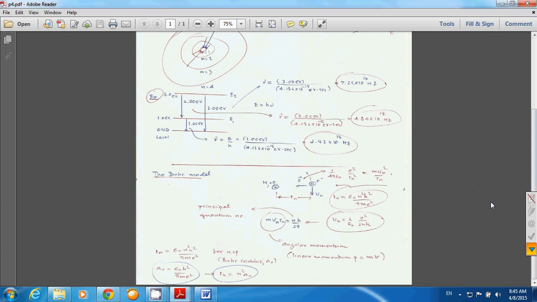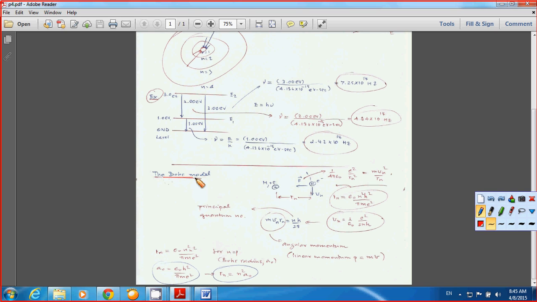Now let's take a look at the Bohr model associated with the hydrogen atom. From the picture, this is the nucleus here. You have the proton here, because in a hydrogen atom you have one proton and one electron moving around the nucleus, and the separation between proton and electron is Rn.